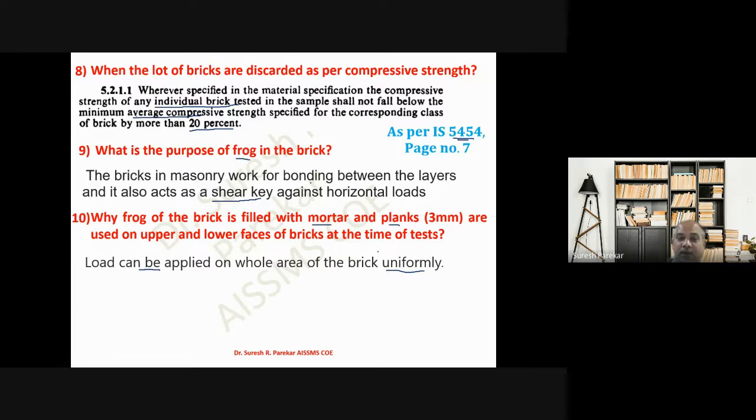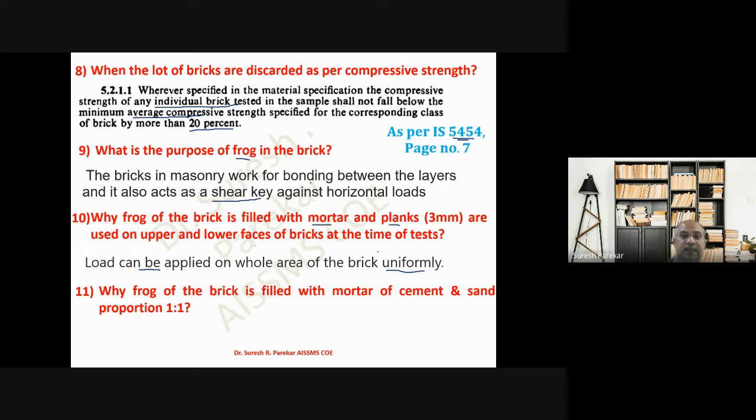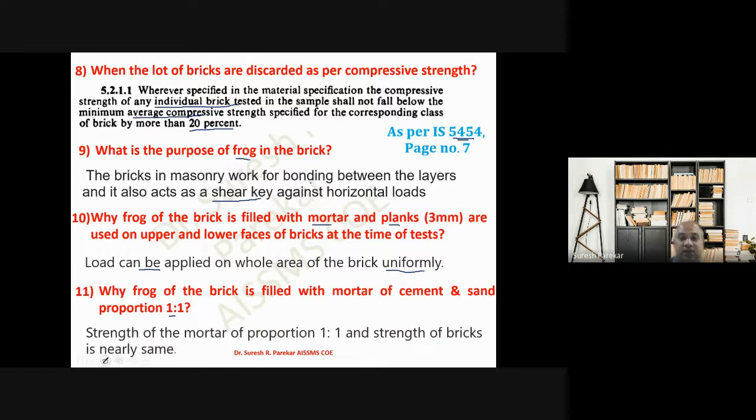You may have a question, what is the thickness of the planks used for the test? Then, why is the frog of brick filled with mortar of cement sand 1:1? Because the strength of mortar of proportion 1:1 and the strength of bricks is nearly the same, and therefore we fill it with 1:1 proportion.